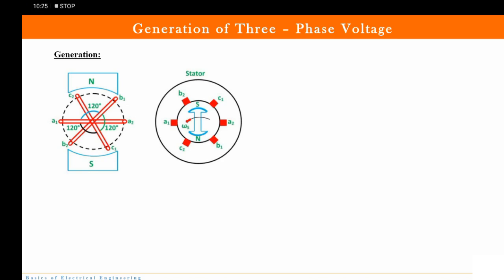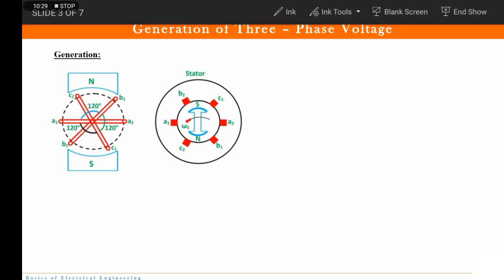Then we have three coils, A, B and C, but the typical nomenclature for a three-phase signal is R, Y and B. This A is actually R. Then 120 degrees, so 120 is this one, B, so this is Y, and 240 degrees C, so this is represented by B.